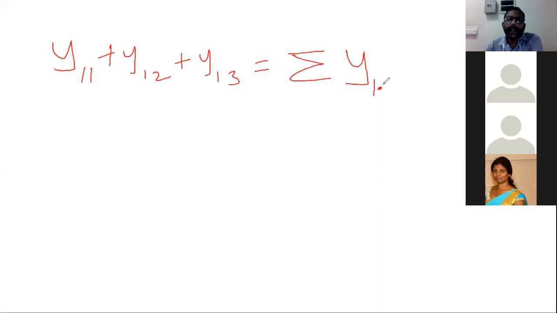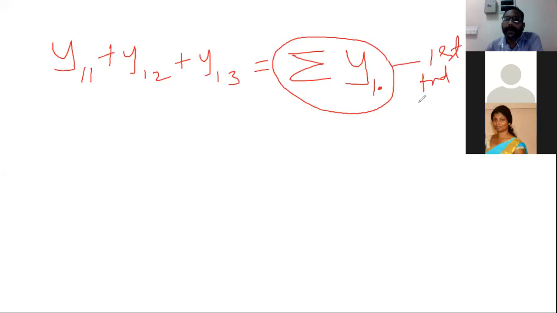This is how we write it. That means it is the first treatment total. Write down, first treatment total. If I say summation y2 dot, it is the second treatment total, and so on.